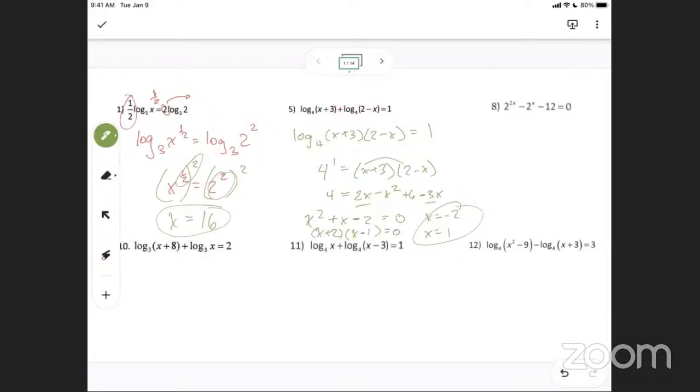All right, this next problem, number 8 to the right. Notice that if I let u equal 2 to the x power, I don't know if your teacher uses this u substitution, but if I let u equal that, then this equation is really just u squared minus u minus 12 equals 0.